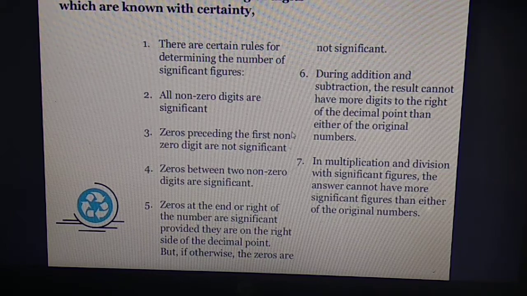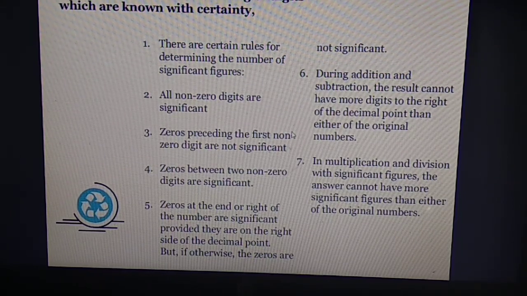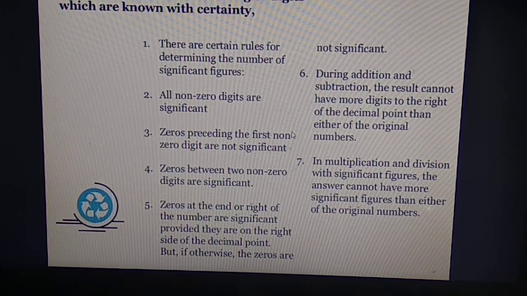My dear children, next is the following rule. Zeros at the end or right of the number are significant, provided they are on the right side of the decimal point. But otherwise, the zeros are not significant.